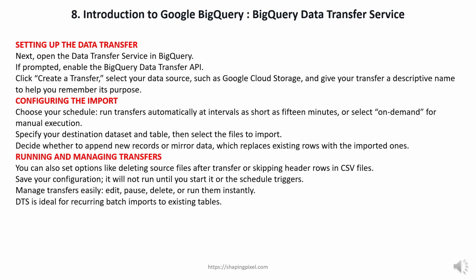You can also set options like deleting source files after transfer or skipping header rows in CSV files. Save your configuration. It will not run until you start it or the schedule triggers. Manage transfers easily. Edit, pause, delete, or run them instantly. DTS is ideal for reoccurring batch imports to existing tables.